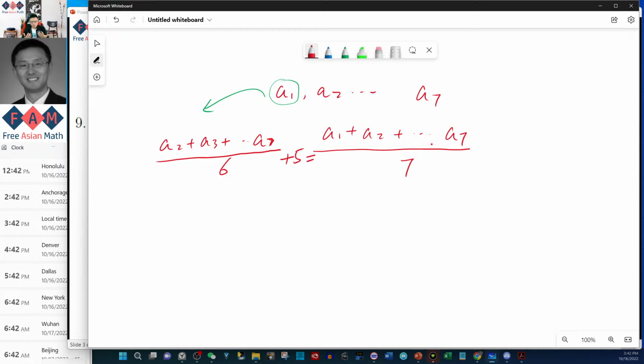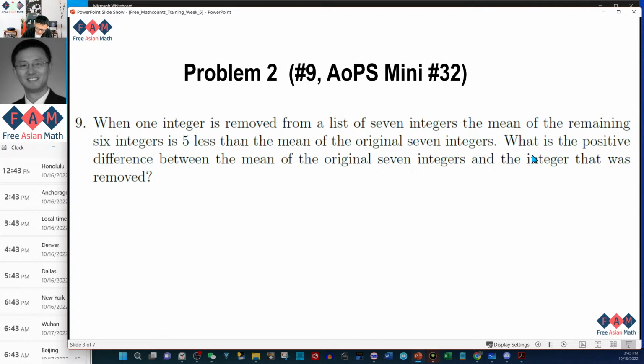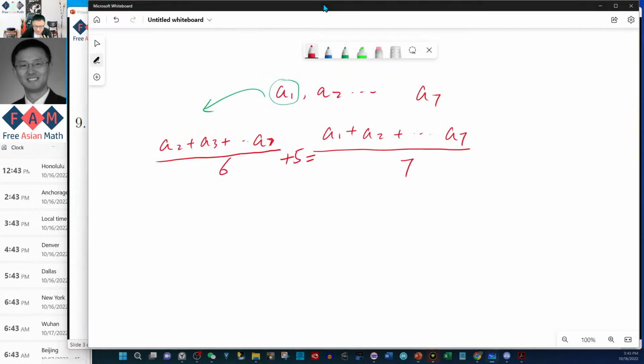Okay, what do we need to calculate? Well, we need to calculate the positive difference between the mean of the original 7 integers and the removed integer. We have already correctly inferred that the one that was removed must be larger than the original average, because once it was removed, the new average went down.